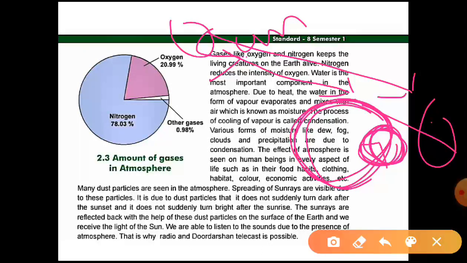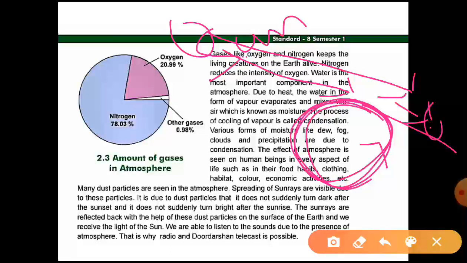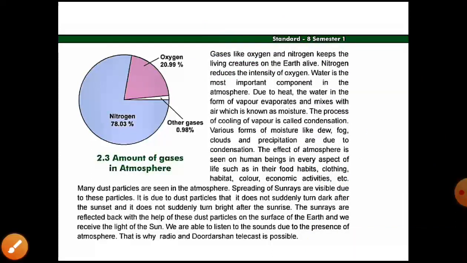Because in the atmosphere there are different particles, dust particles, which reflect the sun rays to these areas, and the nearby area will have light before morning time.